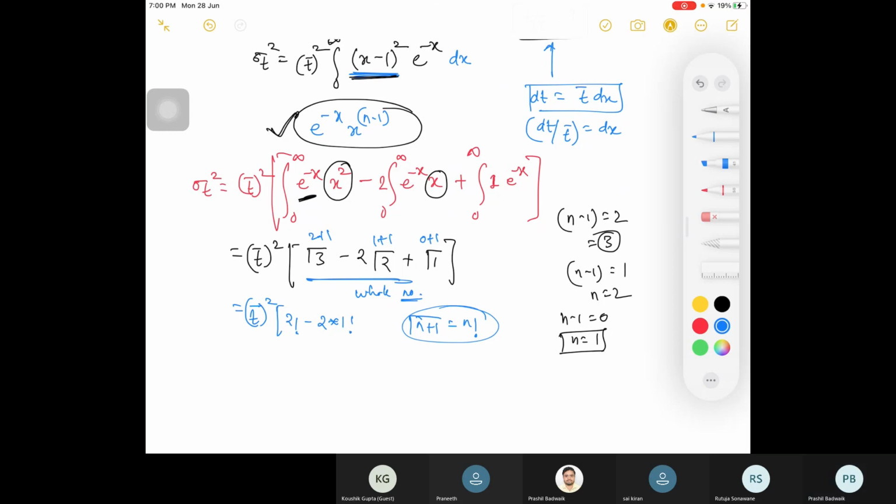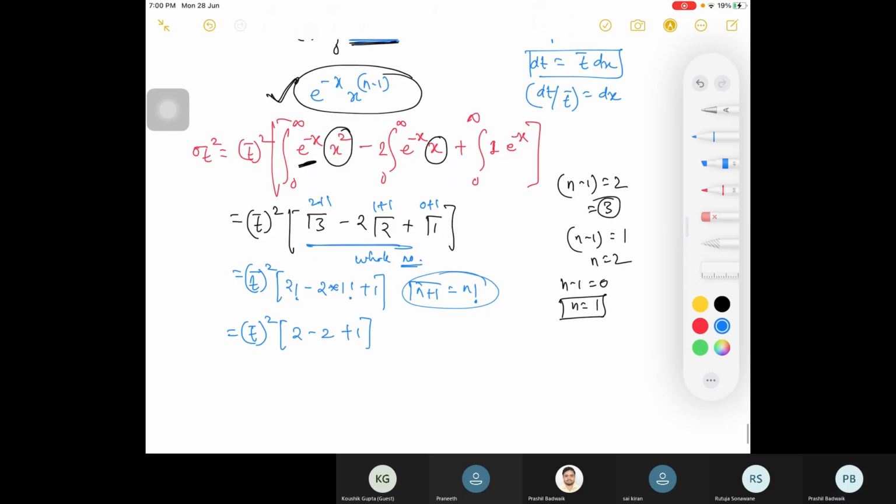and 1 factorial is 1. So what you will get? T mean square into 2 minus 2 plus 1. So you'll get t mean square, that is your sigma t square.